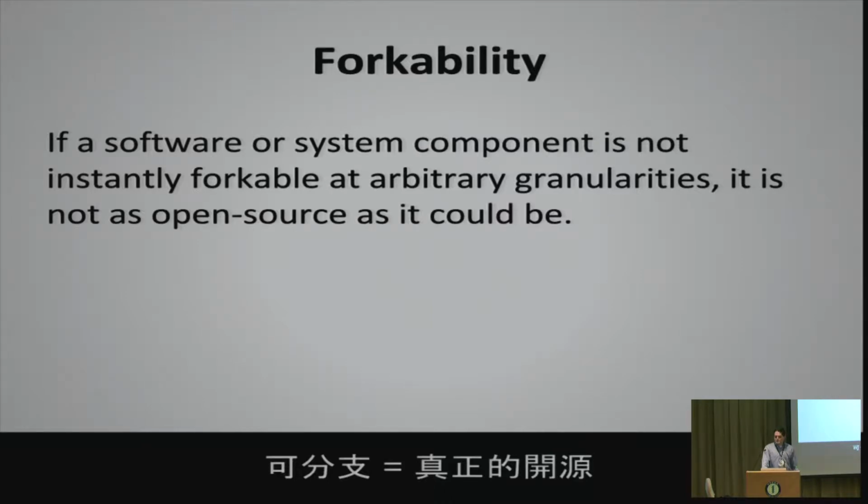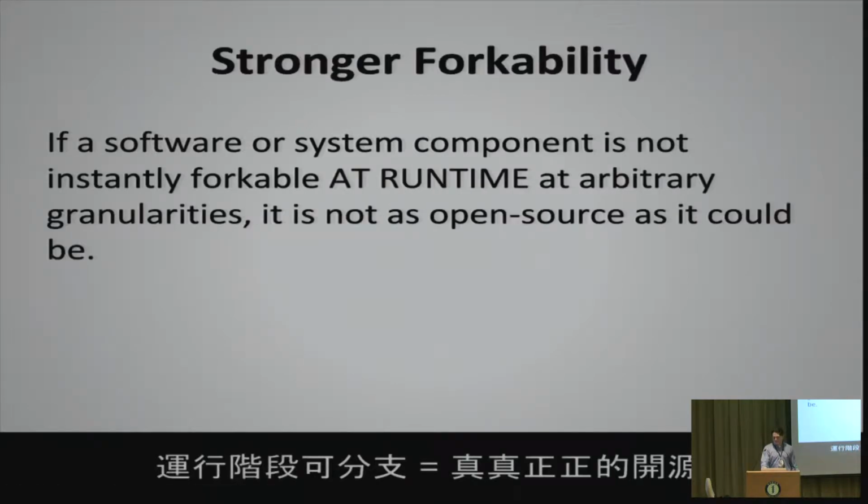If a software or a system component is not immediately or instantly forkable at any granularity, that is, any sub-portion of the software system, any section of code or module or dependency or deployment configuration, then my claim is that it's not as modular as it could be, and it's not as open source as it could be.